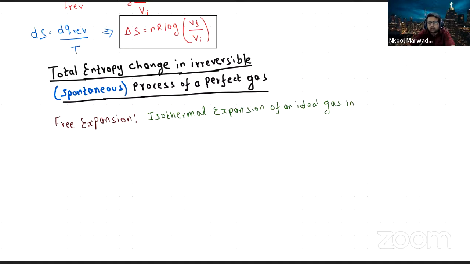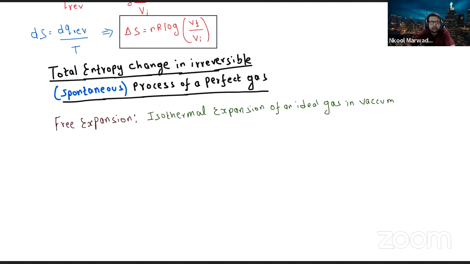Isothermal means temperature is constant. Whenever I talk about free expansion, I'm talking about vacuum, because there should not be any external pressure. Then only will I be able to achieve free expansion. So here I'm talking about the isothermal expansion of an ideal gas in vacuum.